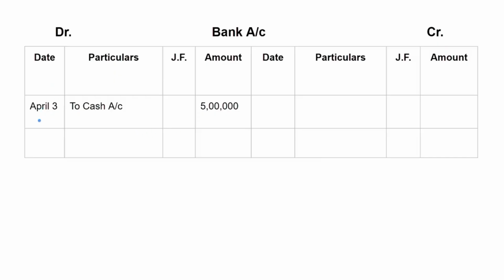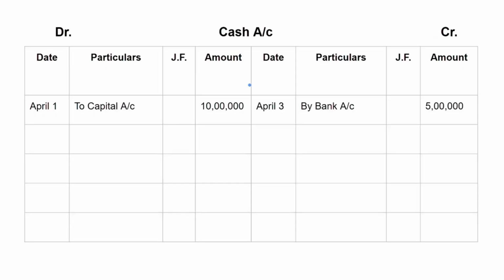On the debit side, we record April 3rd to cash 5 lakh rupees. Similarly, in the cash account, remember, we had recorded on 1st April capital 10 lakh rupees. Now we will record on the credit side, that is April 3rd by bank 5 lakh rupees. And see the format: debit side we recorded to and on the credit side we record by. Now let's see the next transaction.